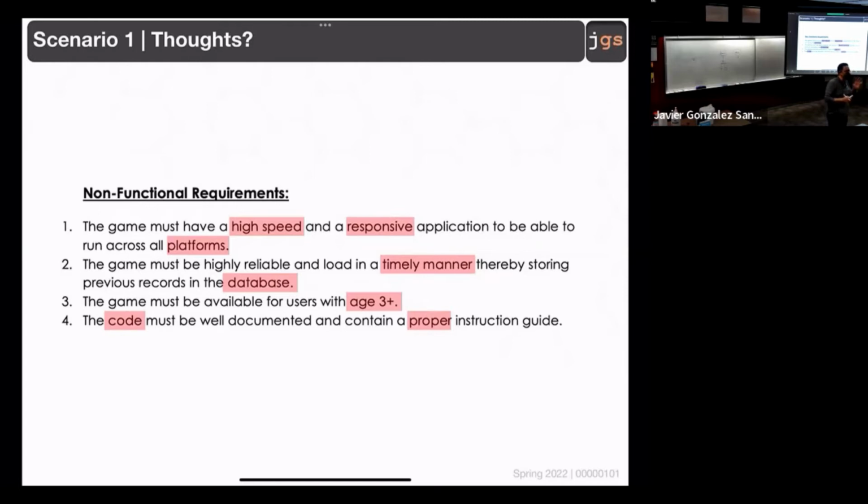Things that are qualities or constraints, things that are adjectives, are good candidates usually for non-functional, but split them in more than one. The one is 3, but the most important thing, testing. It is not negotiable because nothing there mentioned how they are going to be tested or what is the meaning of those adjectives that you have there.